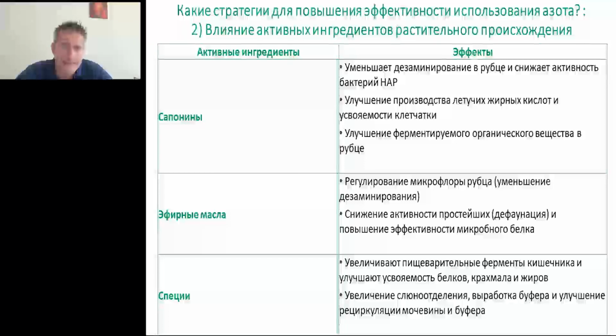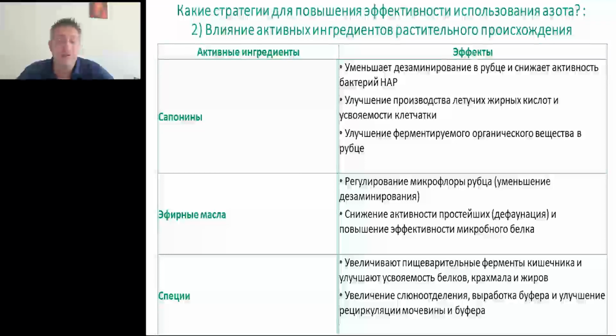There are 3 active ingredients. First, saponins. Using this kind of saponin, a mix from Quillaja and Yucca schidigera, we can reduce the deamination and the ammonia losses to improve microbial protein synthesis and volatile fatty acid production. Second, there are essential oils. These essential oils have an effect against protozoa, and so they have a bypass effect on the protein.